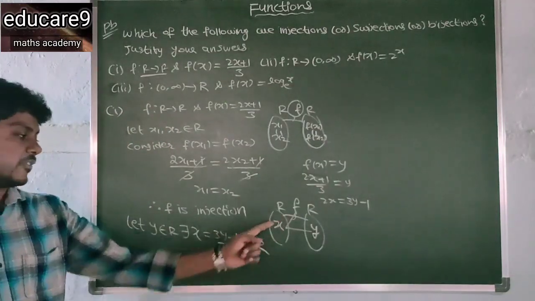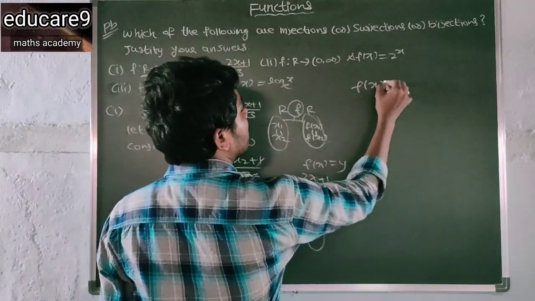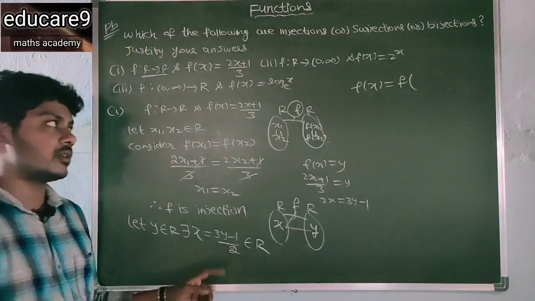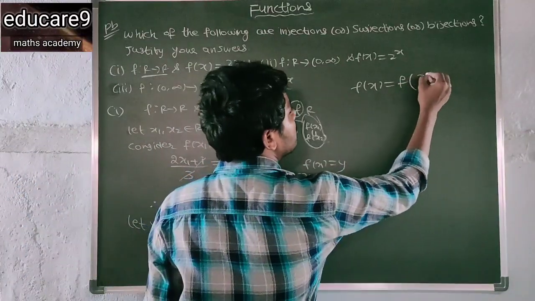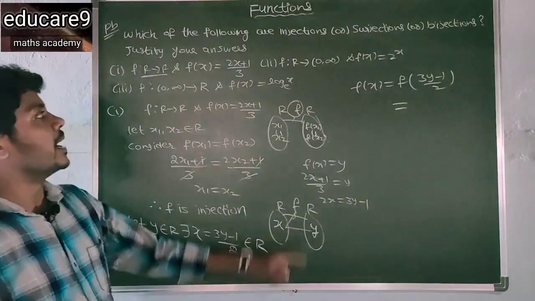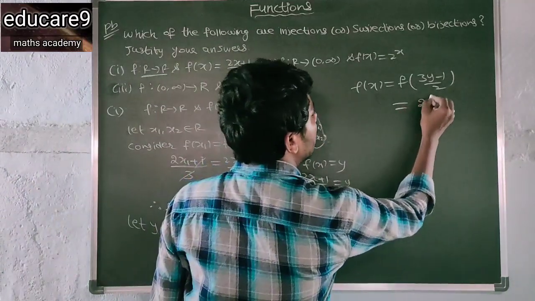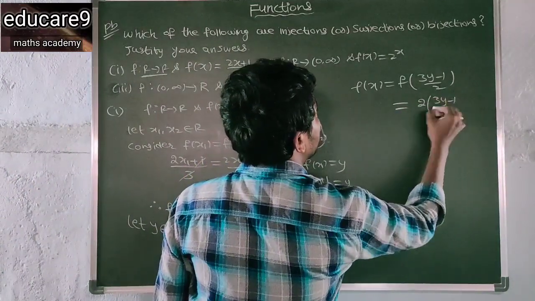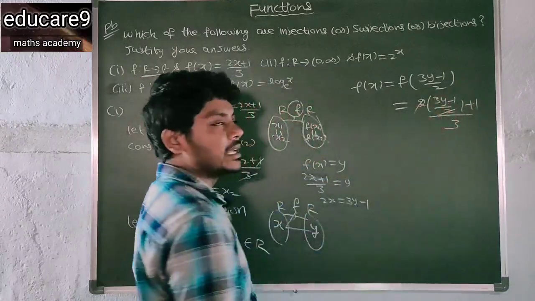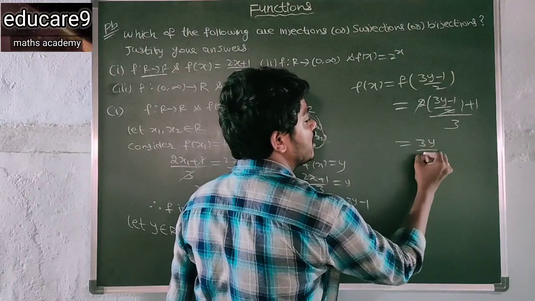Now consider f of x. So what is f of x? x is (3y minus 1) by 2. Now replace x by (3y minus 1) by 2. That is (2 into (3y minus 1) by 2 plus 1) by 3. So the 2 gets cancelled, minus 1 plus 1 gets cancelled, you get 3y by 3.